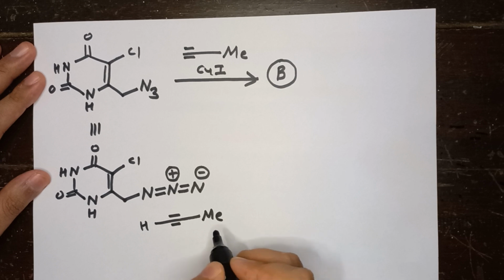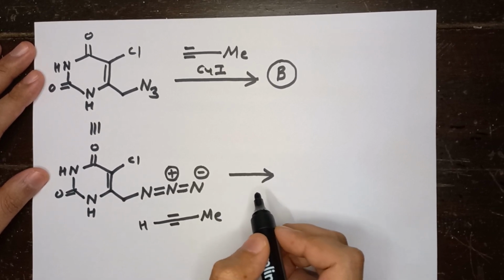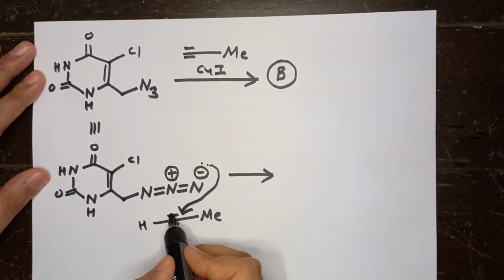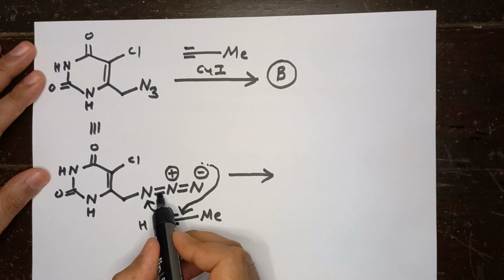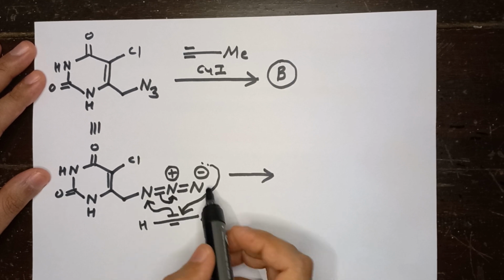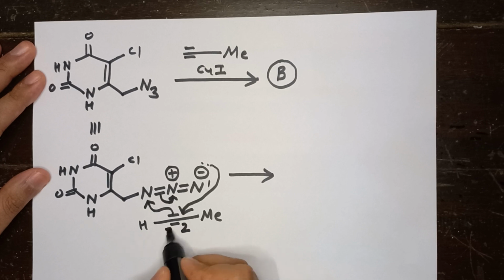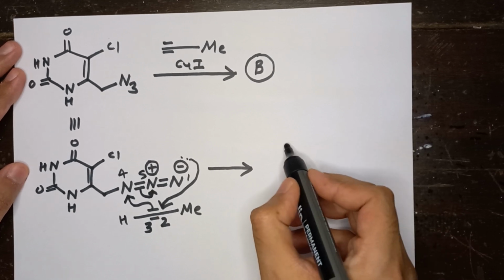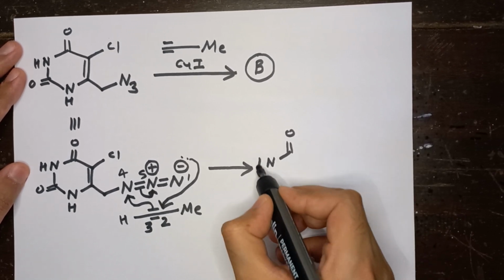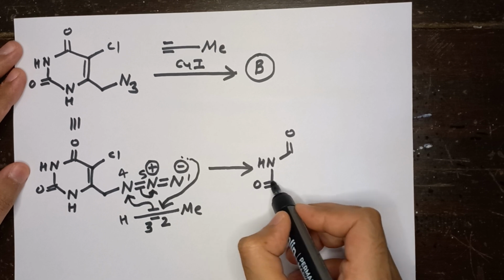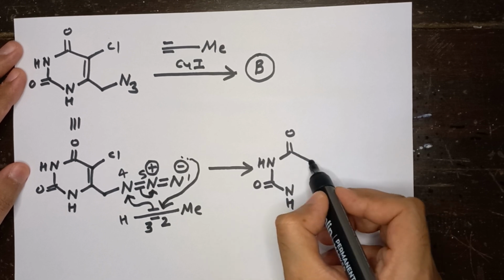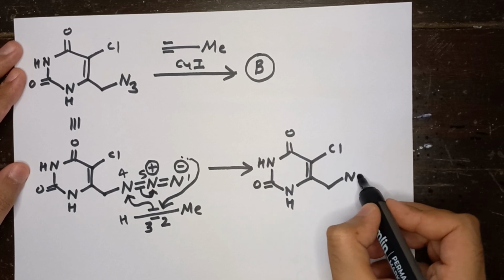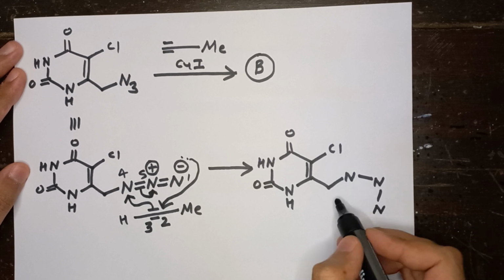So this is my alkyne. So let's draw the arrow pushing mechanism. This nitrogen with its lone pair will attack at this carbon, this bond will attack this nitrogen, and this bond will neutralize nitrogen. Let's number them 1, 2, 3, 4 and 5. So the product will be, we have a triazole moiety.